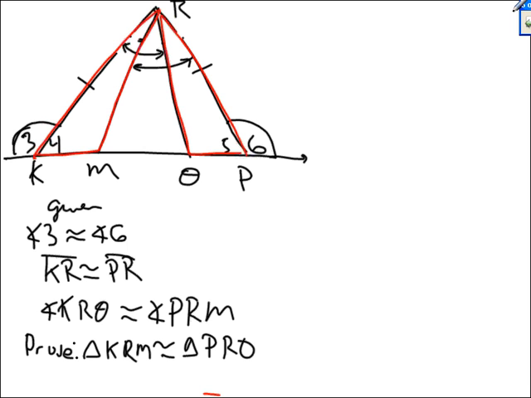Okay. Well, the first thing I'm going to say is angle 4 and 5 are equal for a couple of reasons. One, they're supplementary to equal angles. The supplement of 4 is 3. The supplement of 5 is 6. And 3 and 6 are equal.